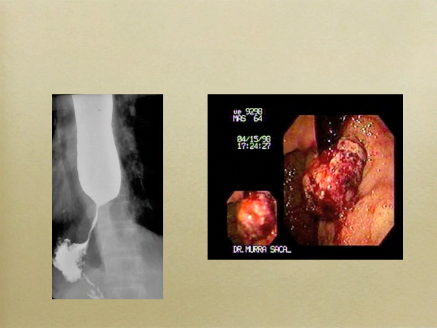Failure to relax the LES and aperistalsis of the body of the esophagus are more important than elevation of LES pressure. In fact, elevation in LES pressure is only seen in 60% of the patients. So that's what you're really looking for in manometry of the esophagus.